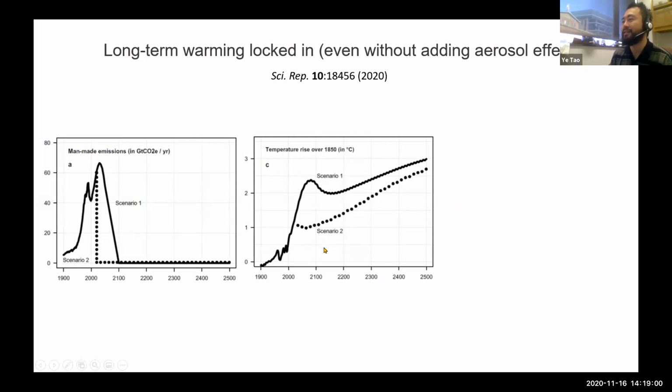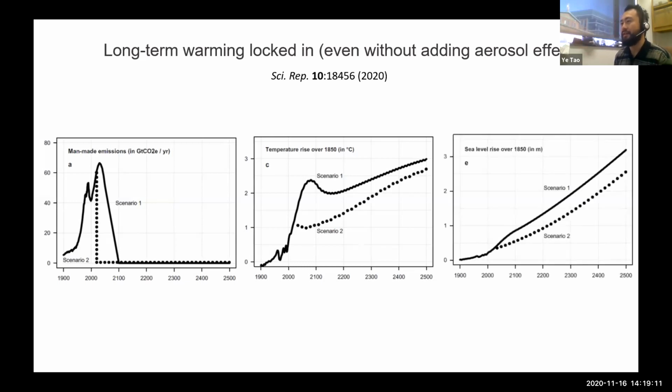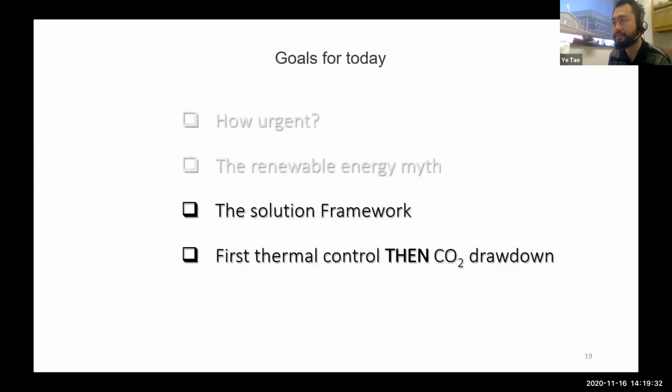But it seems like regardless of whether we stop emitting, the future doesn't look bright for this civilization, at least in the longer term. And the impact is basically pretty much the same for temperature and sea level rise. And the difference fades over time due to intrinsic feedback mechanisms on Earth that kick in, like the melting of the poles and release of hidden carbon sources in organic form.